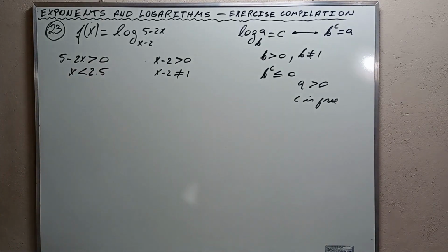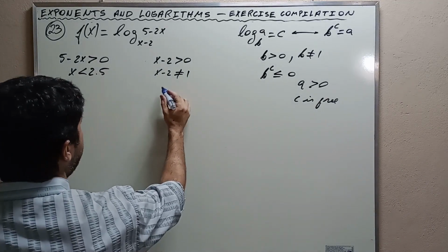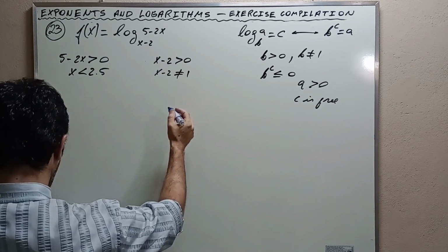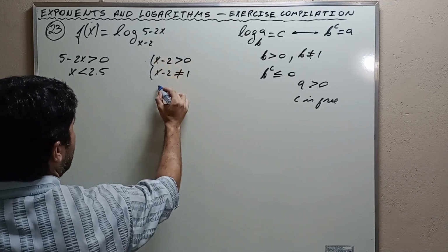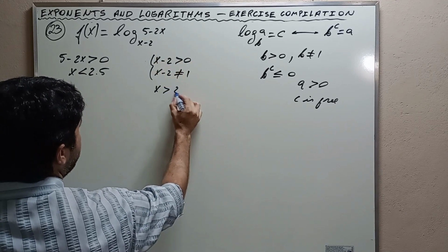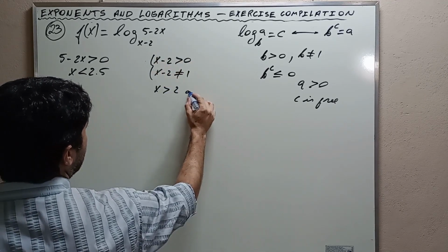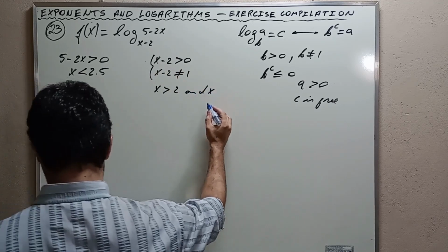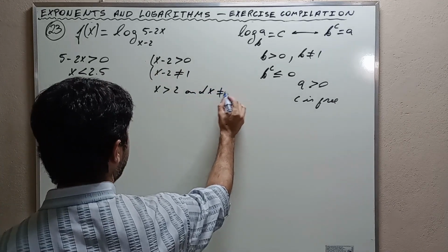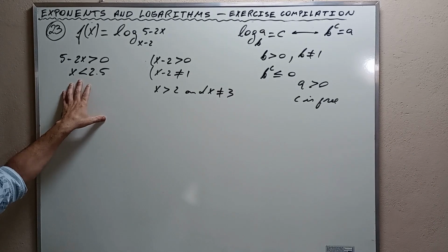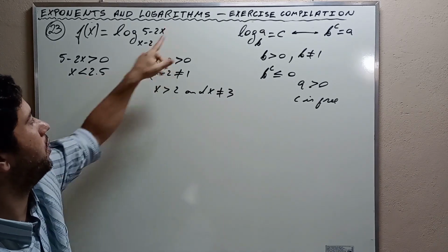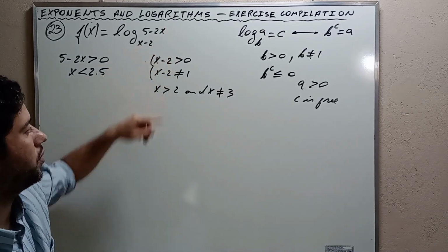Okay? And in this sense, we find that the base has to be greater than 0, x has to be greater than 2, and x has to be different from 3. This is the condition for this number here, the base.